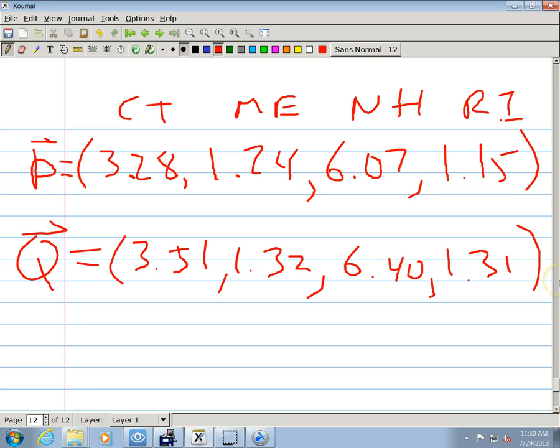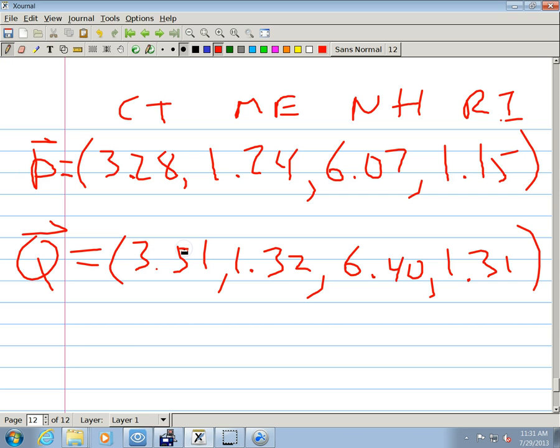Is that visible? Do you see the decimals and everything? There's a decimal here, here, and here. So, for example, 3.28 is the population of Connecticut in 1995, but 3.51 is the population of Connecticut in 2005.